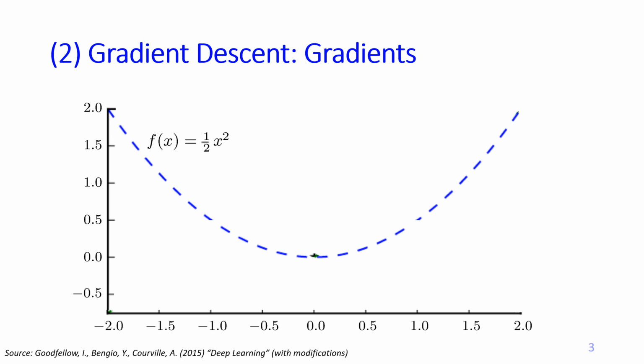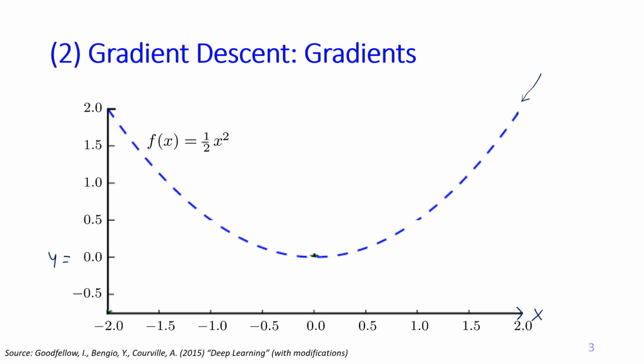The basis of the gradient descent method is the gradient. So let's take a look at an example. Here we suppose we have a function of 1 over 2 times x squared. So this is the function. Do not be confused because here the x-axis is not located at y equals 0, but a bit further down, but that shouldn't confuse you, okay?